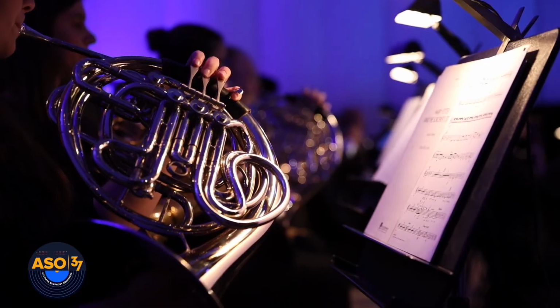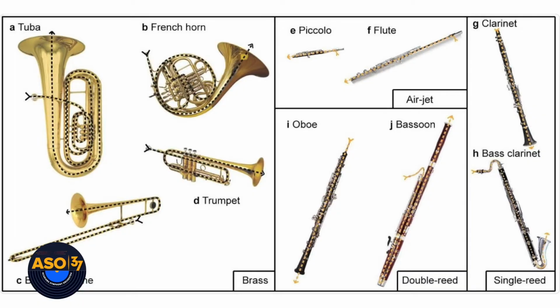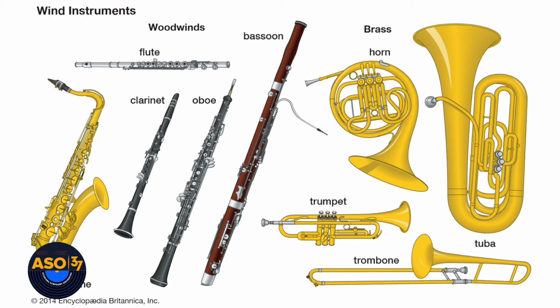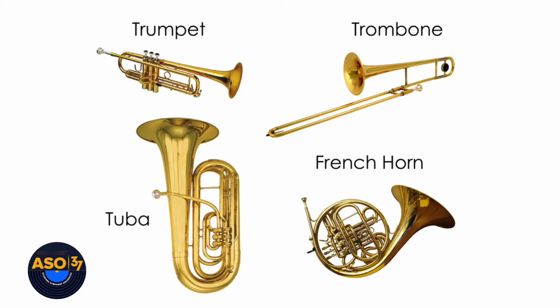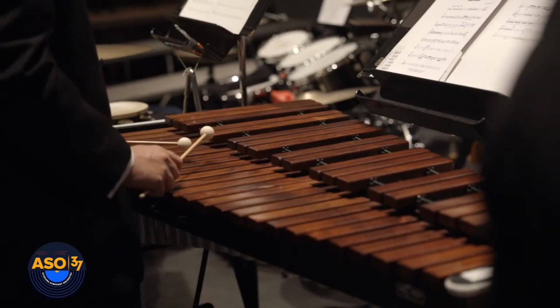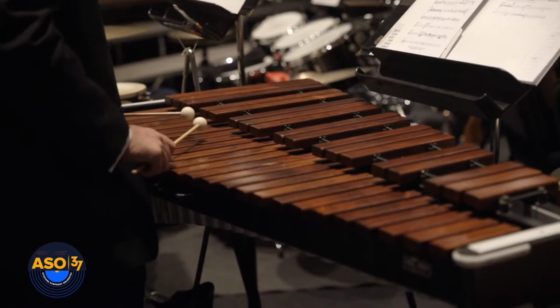Then we have the family of wind instruments. The sound is generated here by vibration of the air that you blow into different types of pipes. There are two subgroups in the wind family, the woodwind instruments and the brass instruments.